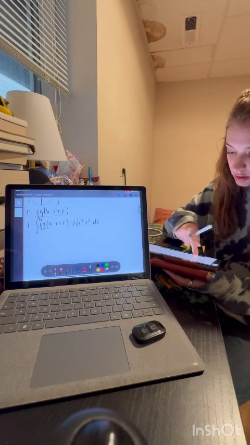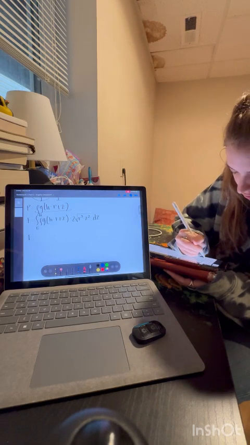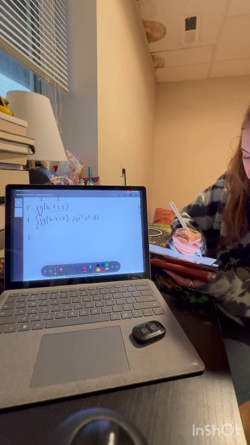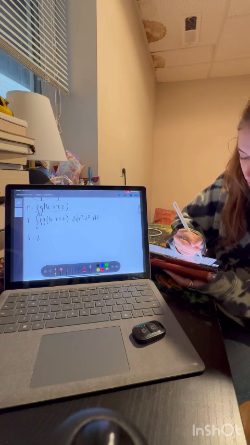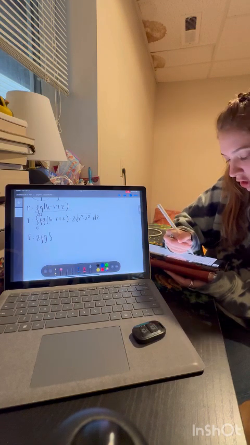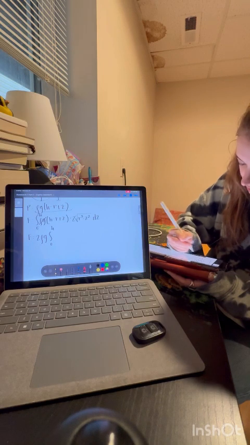I guess pulling out our constants, we won't be able to actually integrate today. Rho g, well, we'll put our 2 first. 2 rho g, and then integrating, that cancels this and this.